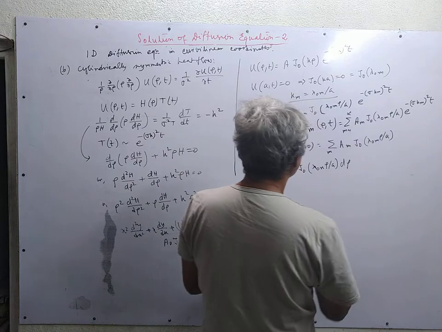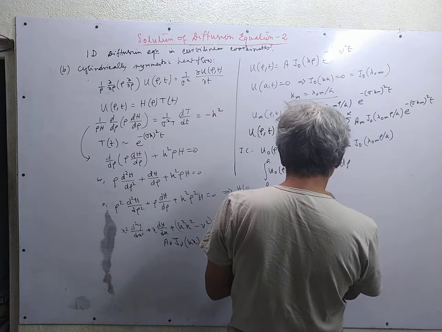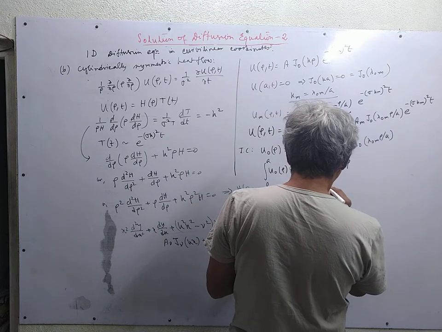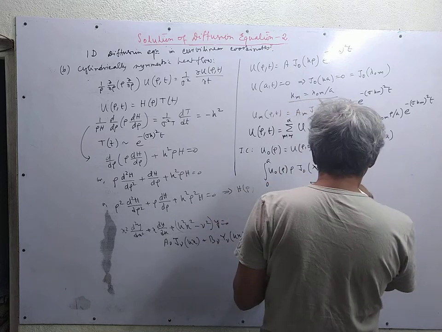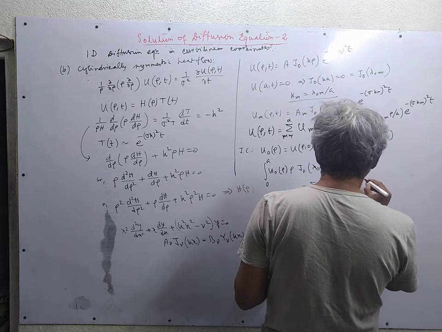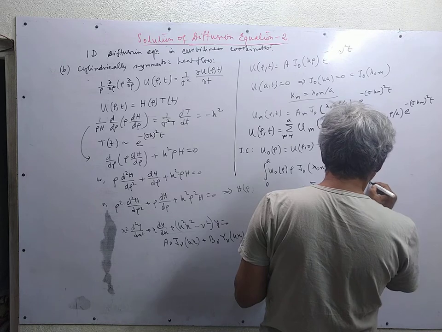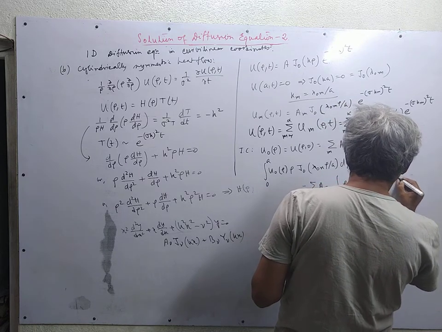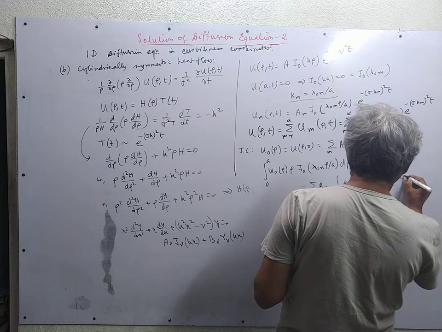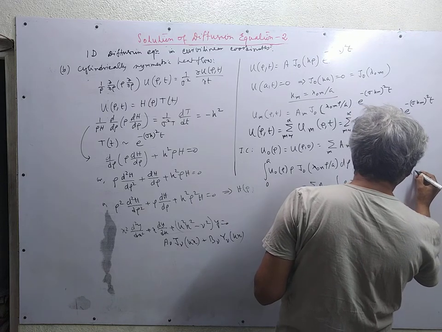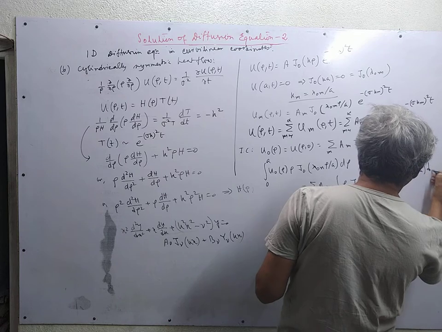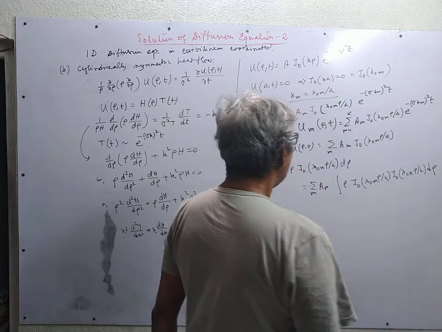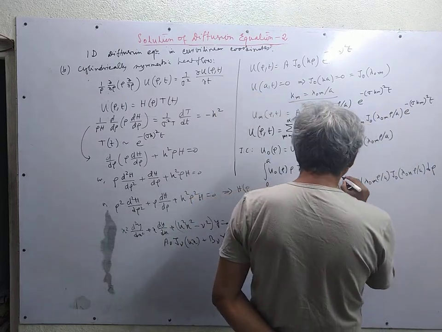This is the left hand side, and on the right hand side we have summation over m am, and then rho J0 of lambda 0m rho by a J0 of lambda 0n rho by a d rho integrated from 0 to a.